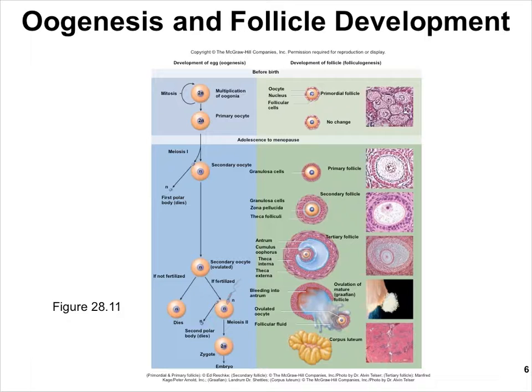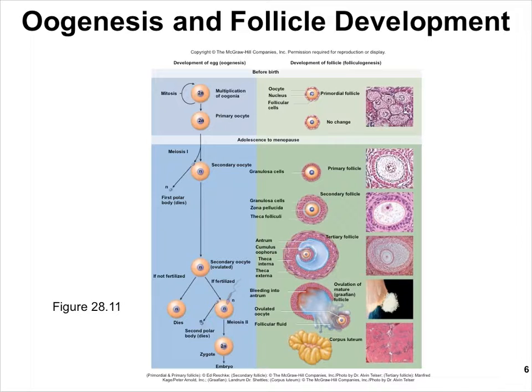Let's look at the actual events of oogenesis and follicular development. So, the first thing to keep in mind is that there are two things you need to keep your eye on here.